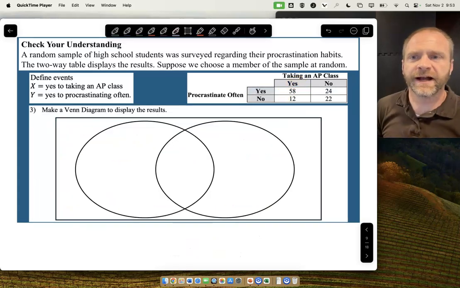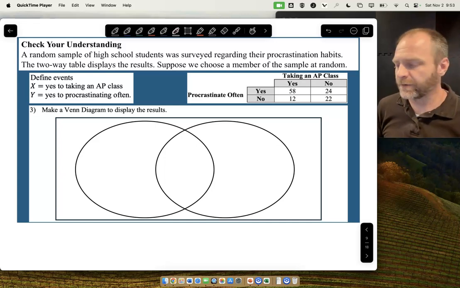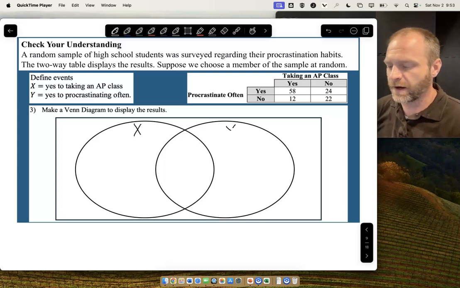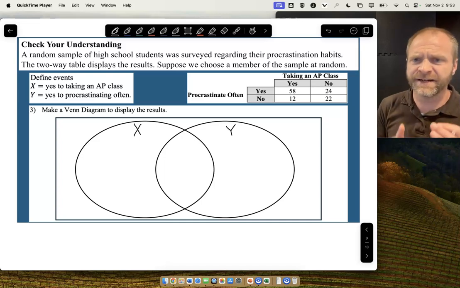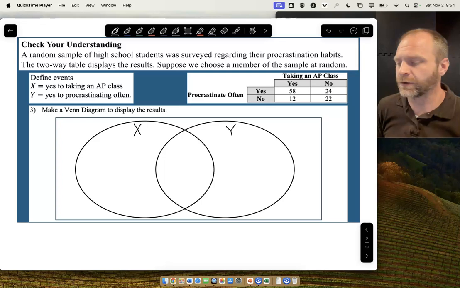So in this example, we're asked to take the same information from the two-way table right here and transfer it to that Venn diagram. And so what I'm going to do is label this as my X and this as my Y, just so I understand which circle goes with which. But that doesn't mean I'm going to start with the totals from row X and the totals from row Y. Notice I removed them because I'm not going to be tempted by them here. I want to show you what's really going on.